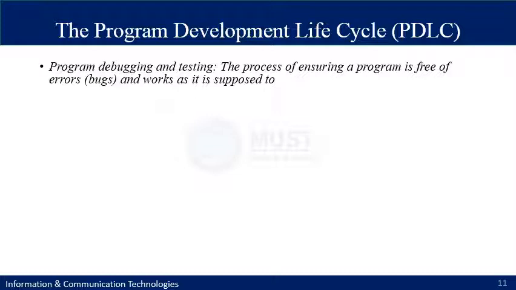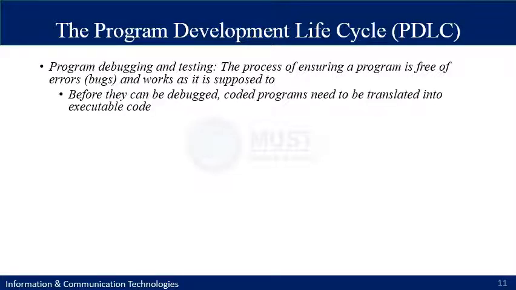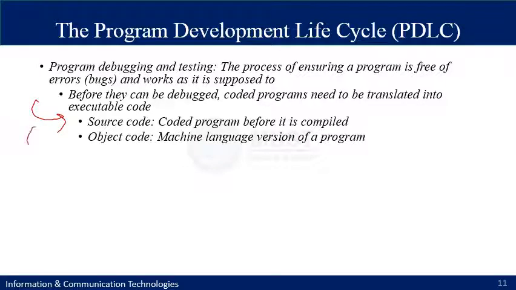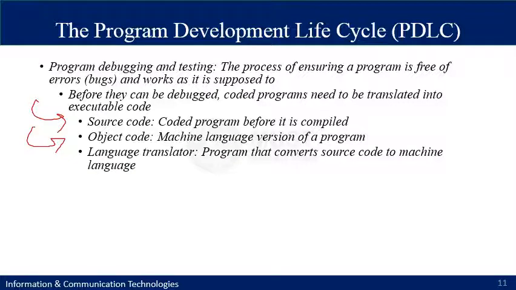Program debugging and testing is the process of ensuring the program is free of errors or bugs and works as it is supposed to. Before it can be debugged, the coded program needs to be translated into executable code. Whenever you write the program, it is called the source code, which is the coded program before it is compiled. When you compile the code, it becomes the object code, which is the machine language version of the program.